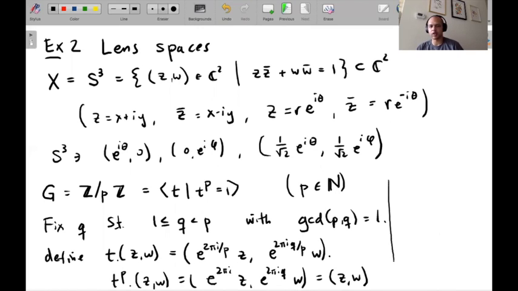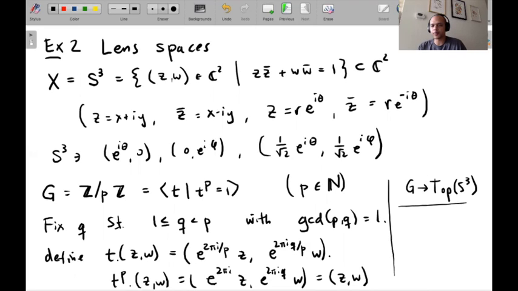Okay, so this group action, one way to think about it is as a homomorphism from Z mod pZ into the group of topological equivalences of the 3-sphere.